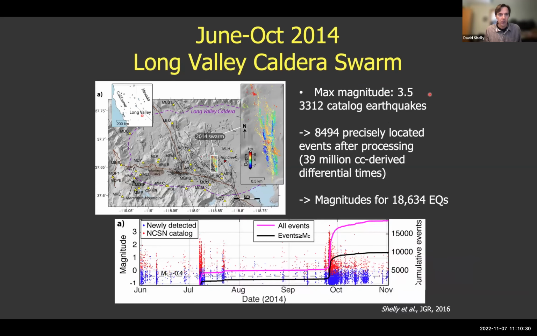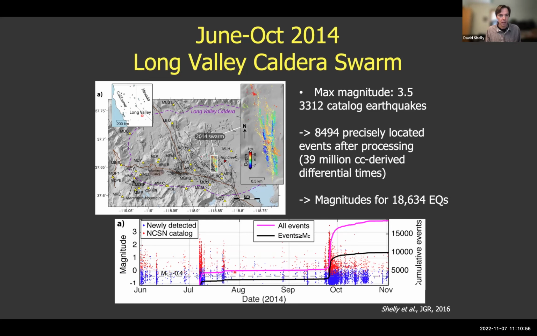So let's see. This earthquake swarm here is a map view showing the earthquake swarm location within the Long Valley caldera, which is outlined in purple. The lower plot is showing the seismicity sequence from the beginning of June through October. And you can kind of see that this sequence, you might call it a swarm of swarms.